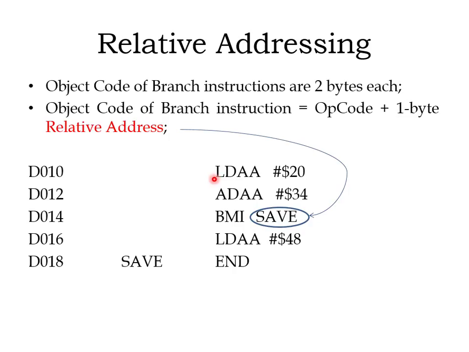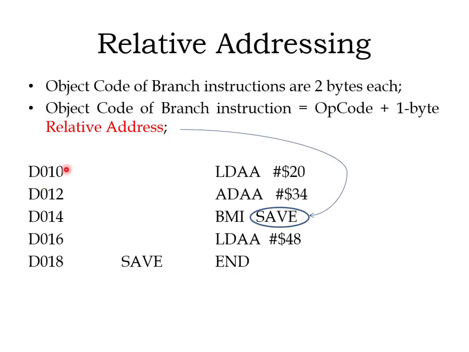Automatically the next line will start from D012, taking 2 more bytes, D012 and D013. Automatically the next line will be D014, right? You see what I'm saying? That's how I listed the addresses of the lines here.